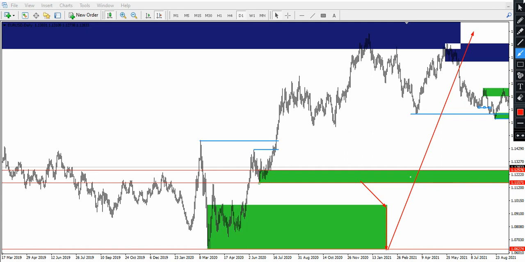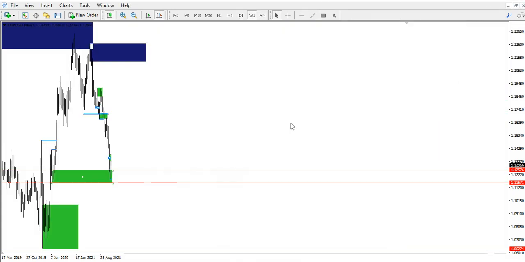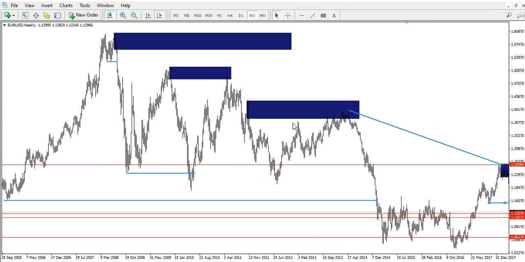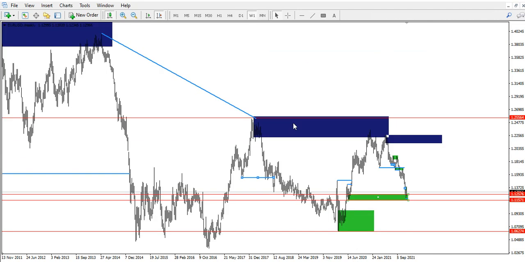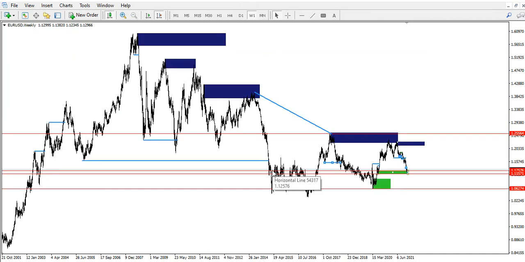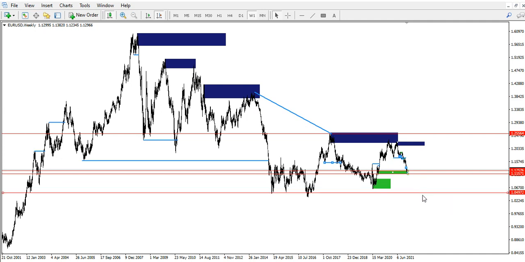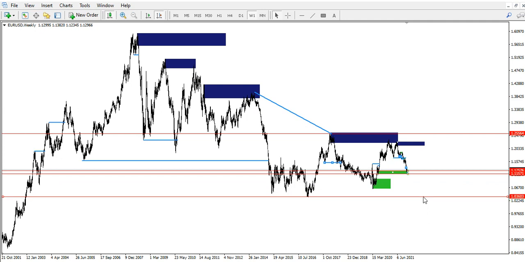Okay, so let's see on the weekly time frame where our main target is. On the weekly time frame, the target is here.